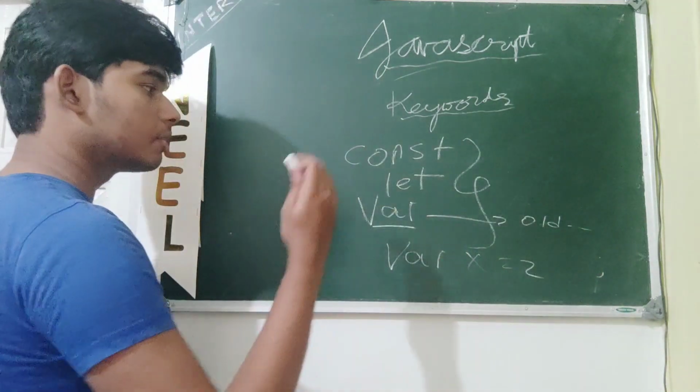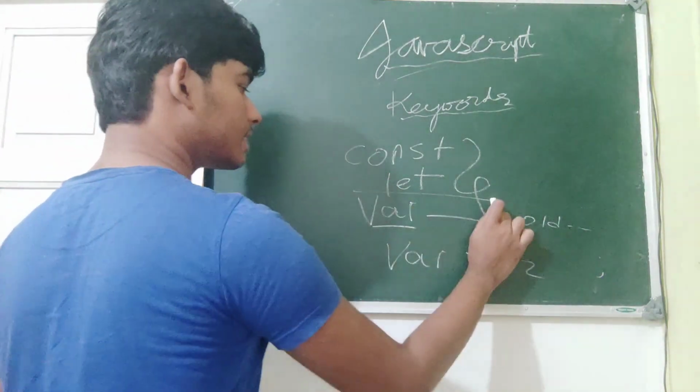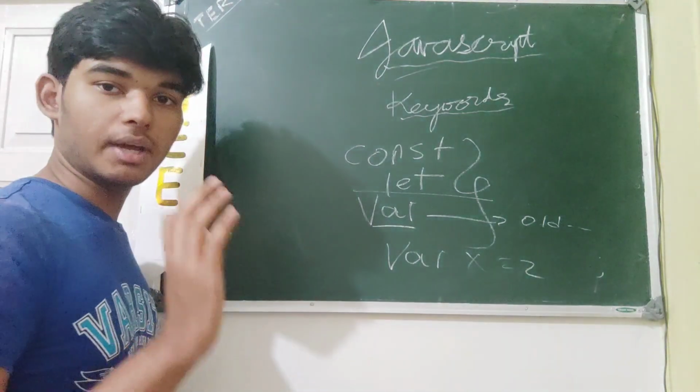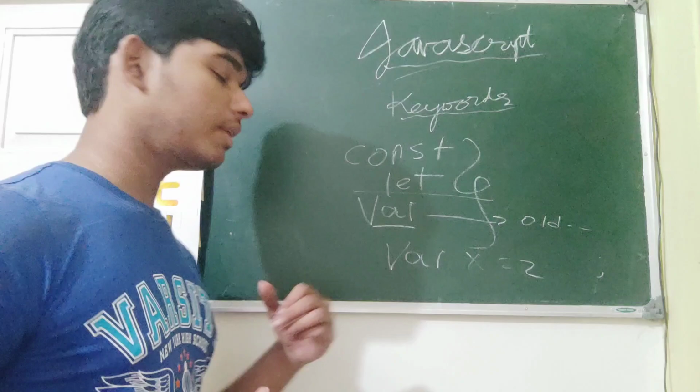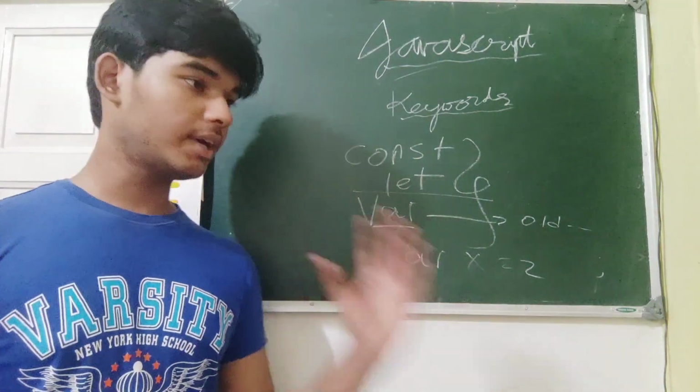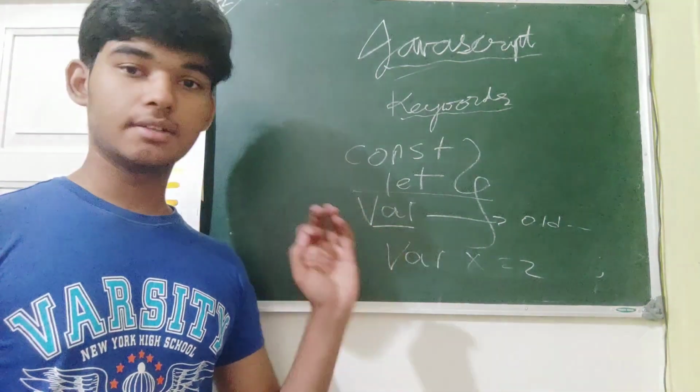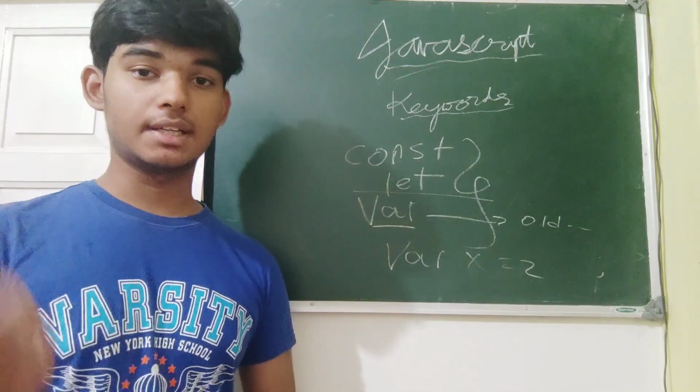Now coming to const and let, both of these are similar, but there is a major difference between them. Imagine writing code where a variable remains defined and is not being changed in the code.